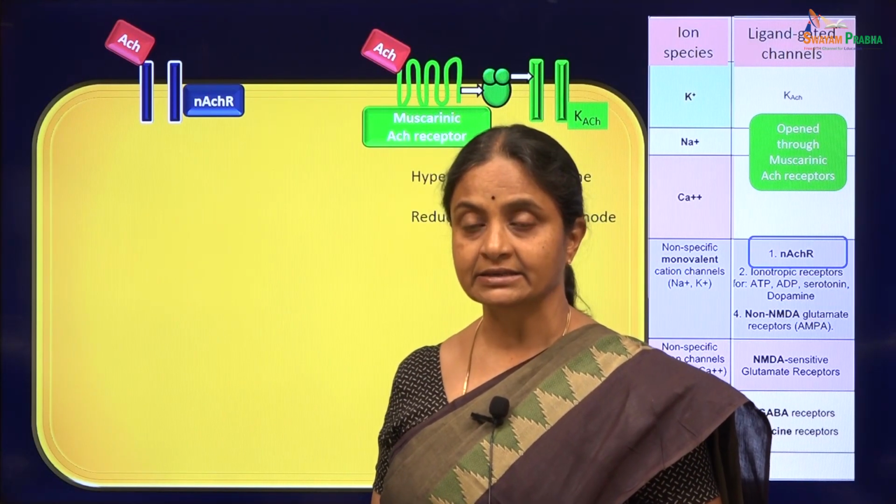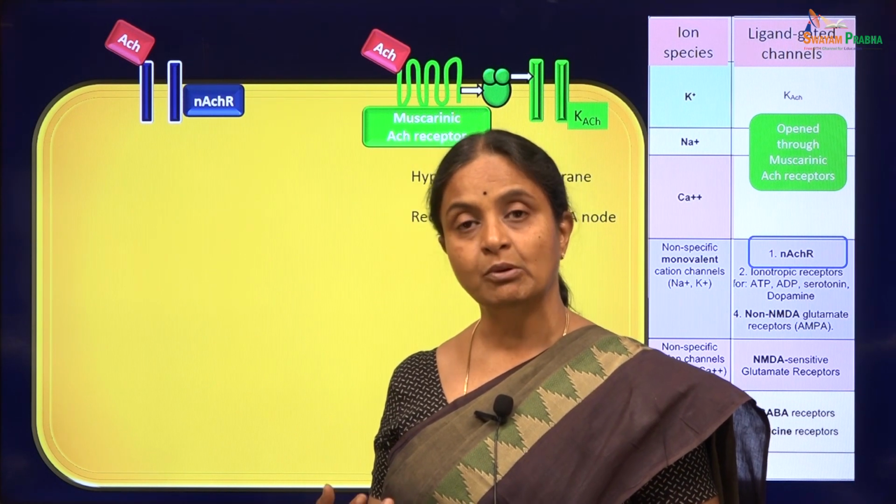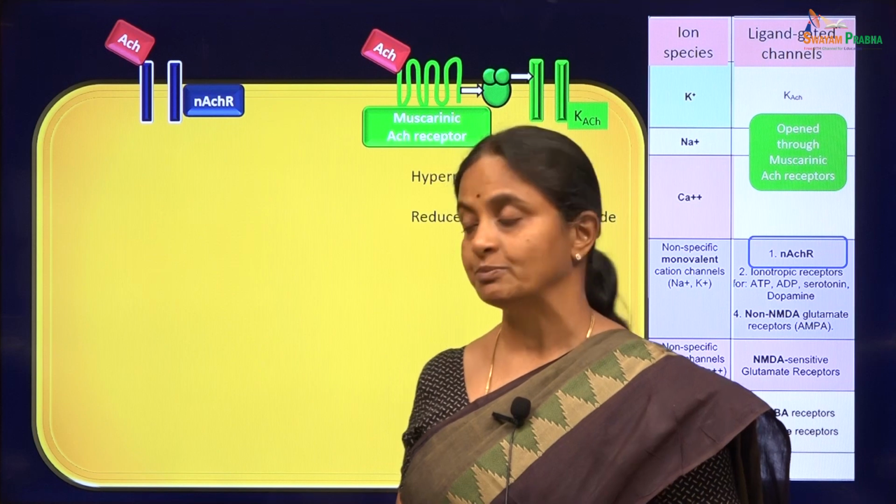What about the nicotinic acetylcholine receptor? We already saw that it is a non-specific monovalent cation channel which permits both sodium and potassium to move in opposite directions.